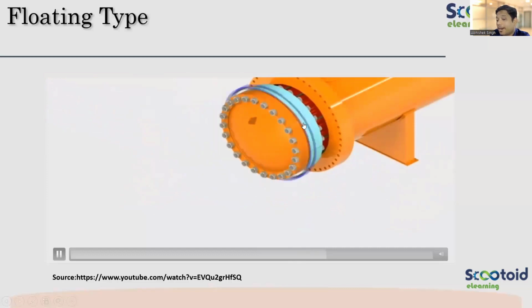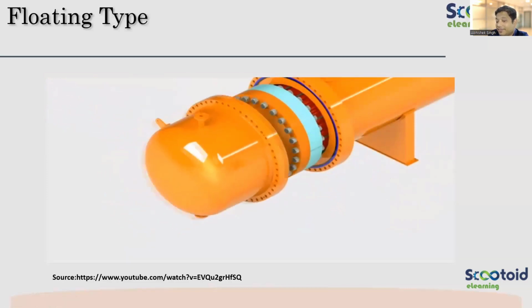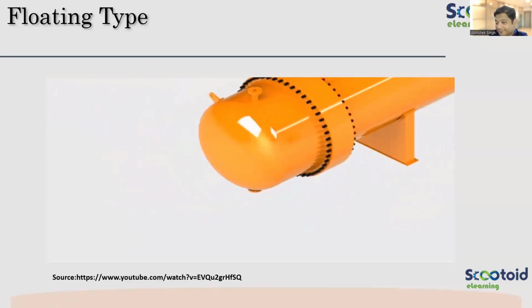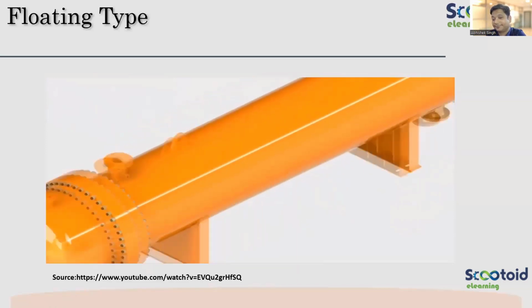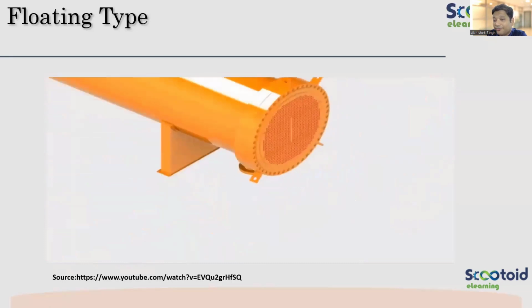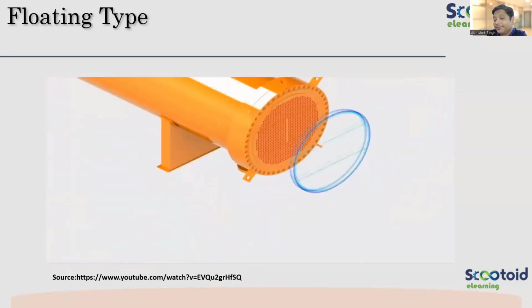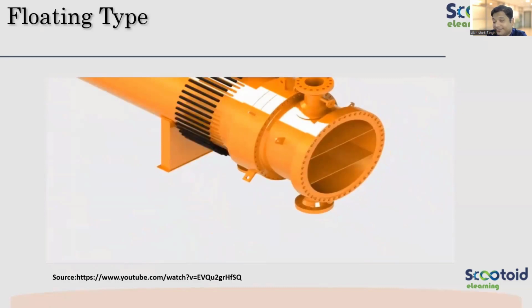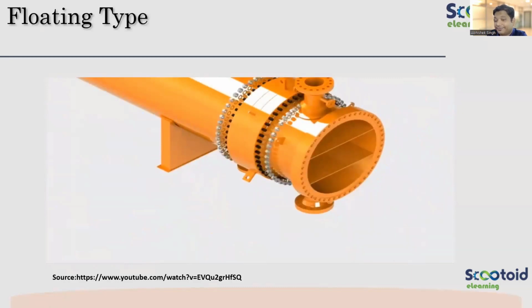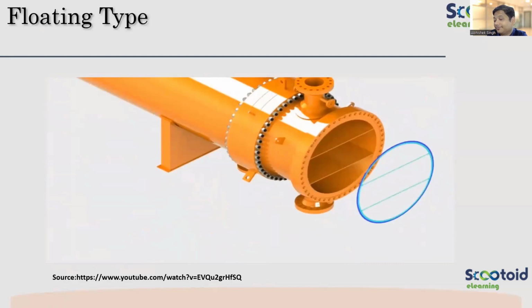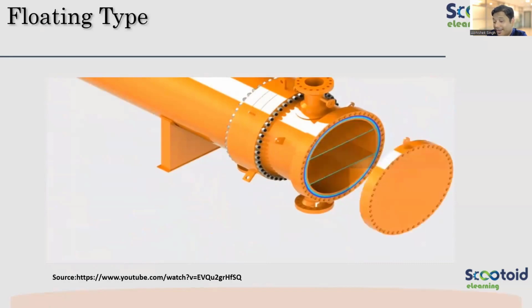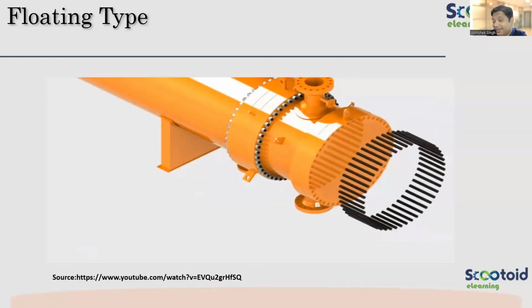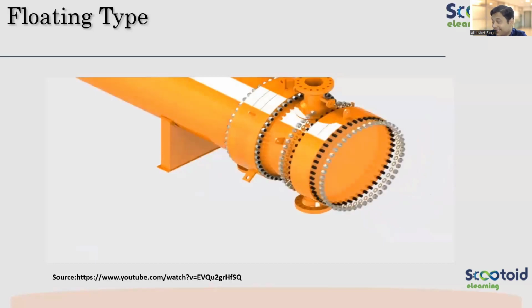Now the top part, the shell cover, will come in, and it will be bolted. Now the front head side, it's the tube sheet. We need a gasket, then this channel along with the flanges. We will bolt it. Now this blind flange will again be bolted by providing a gasket.